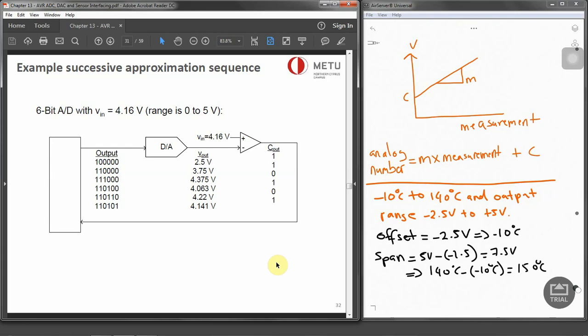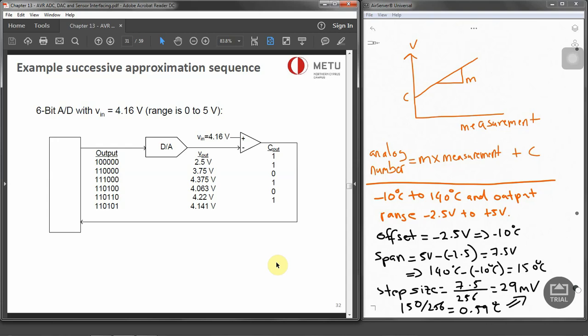And the resolution, or the step size, is 7.5, the span, divided by 2 to the power 8, again the 8-bit resolution that we have got, so 256, which is equivalent to 29 millivolts. 150 degrees divided by 256 is equivalent to 0.59 degrees Celsius.